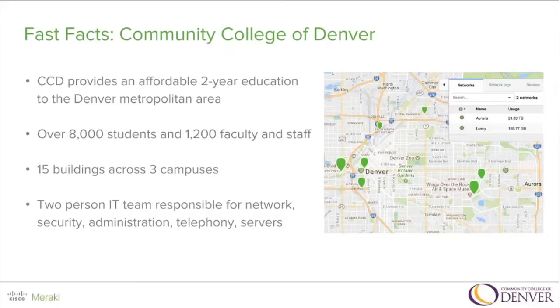I had some particular issues specifically on my campus in the fact that I only have a couple of network staff members, and they're not dedicated to just networking. Also, we were having frequent reports of Wi-Fi issues. I was having issues with visibility into problems we were having with different applications on campus.